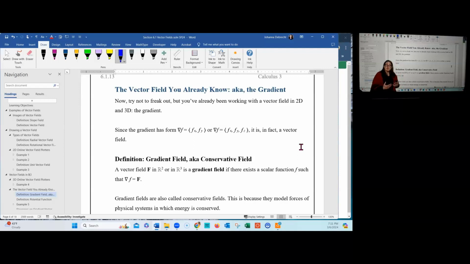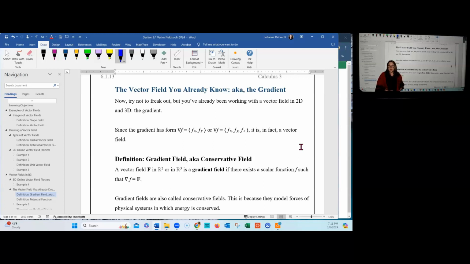In fact, it's often called a conservative field because they refer to situations where forces in the physical system have energy conserved. So it's a conservative field because it is conserving energy. Energy is neither created nor lost. There are not a lot of vector fields that become conservative vector fields.